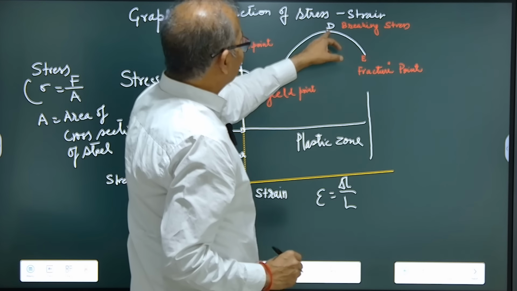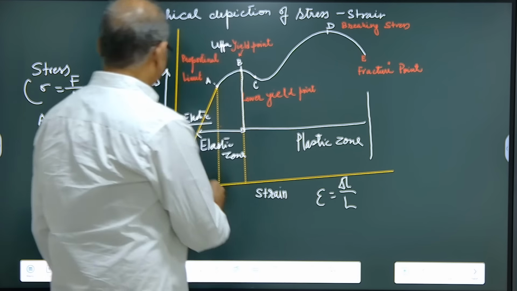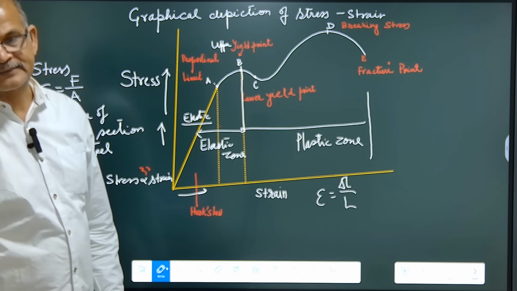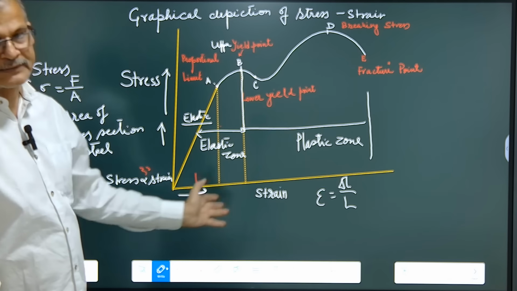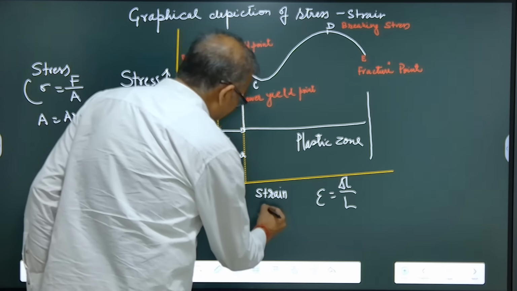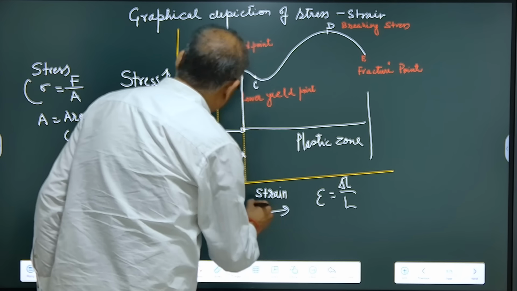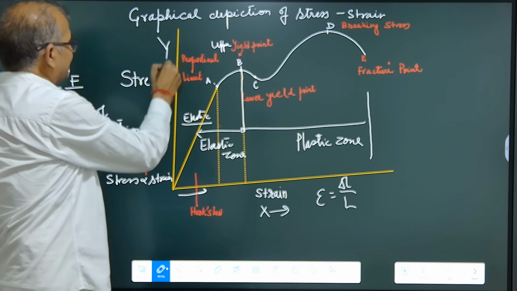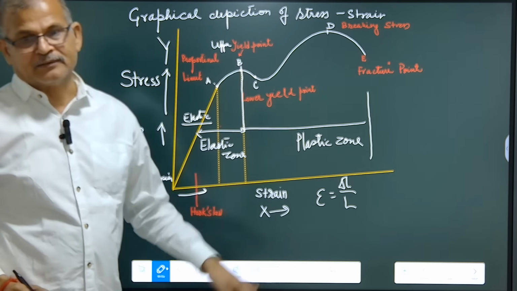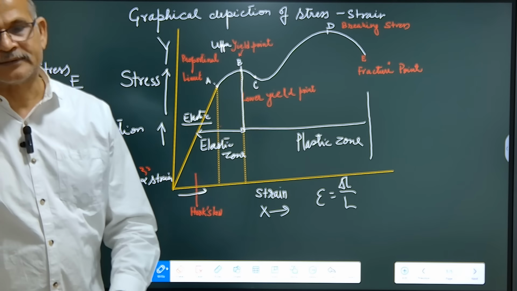And then breaking stress and the failure. So this is a typical stress strain graph. Stress is taken on the y-axis, strain on the x-axis, and all properties are determined from this graph in the laboratory.